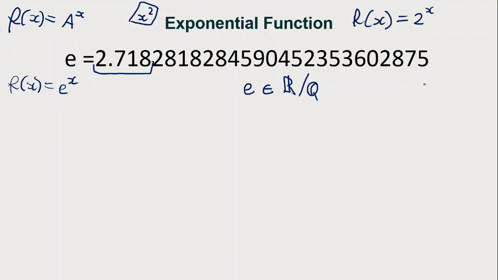Just like pi, it never terminates. The decimal expansion keeps going on with no pattern, so you cannot write it as p over q, where p and q are integers. So it does not satisfy the condition of rational numbers, as you would have known from last week.